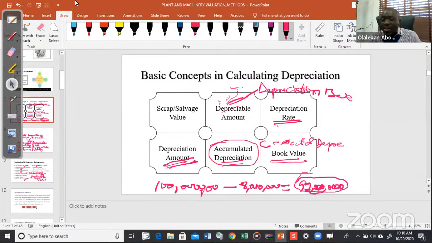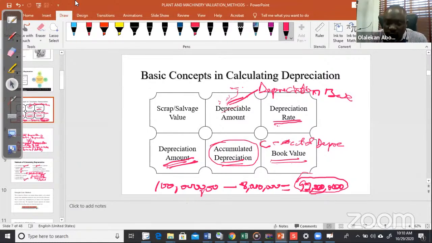After 10 years, the remainder is scrap value or salvage value. It means therefore the whole 20 million will not be written off. Loss in value will not consume the entire 20 million. There is still a leftover, which can go to the hands of any other person and they will receive money for exchanging it. So that is what we call salvage value.